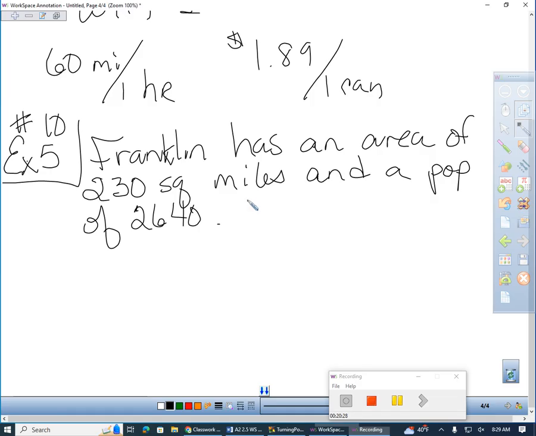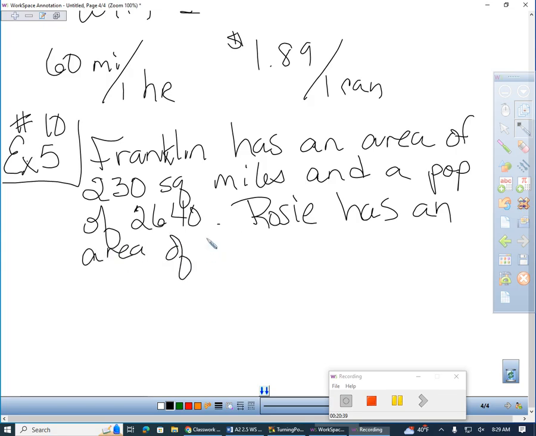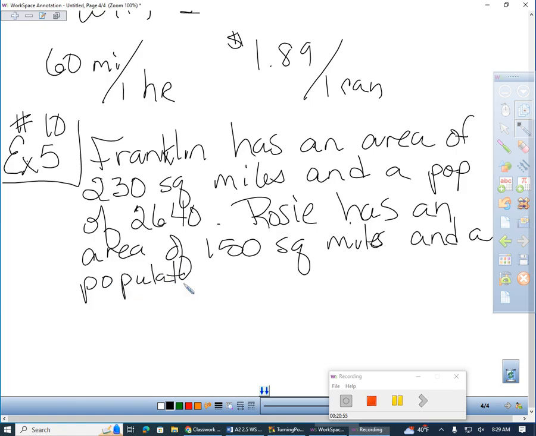Let's see. Rosie's, which is another city, has an area of 150 square miles. You guys listen? 150 square miles and a population of 1,260.